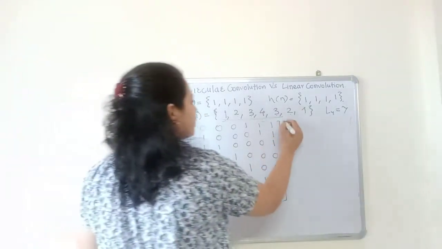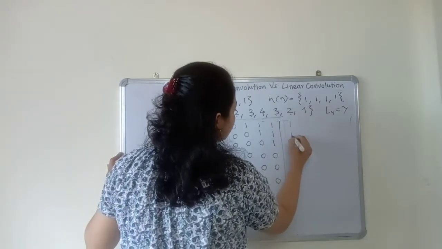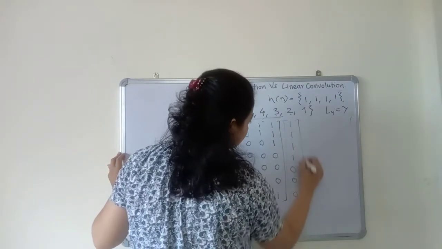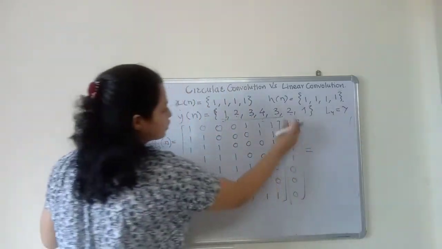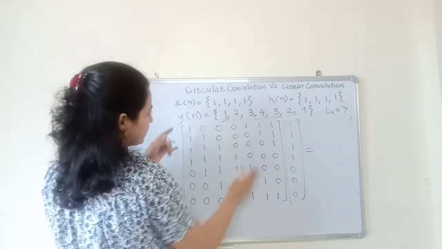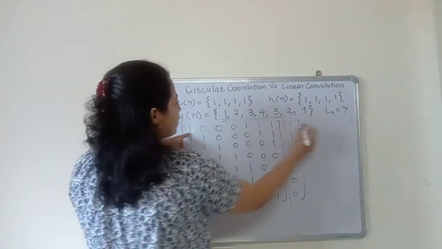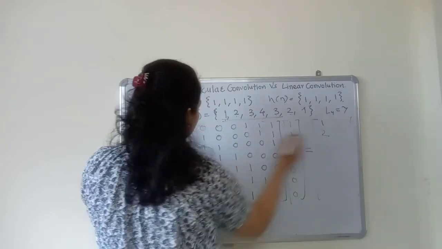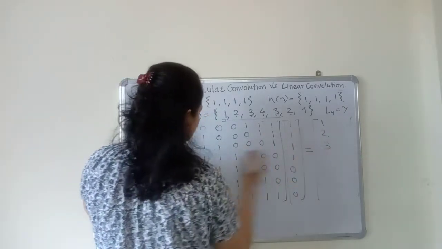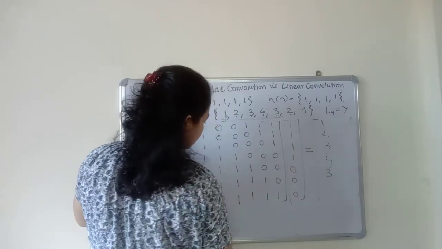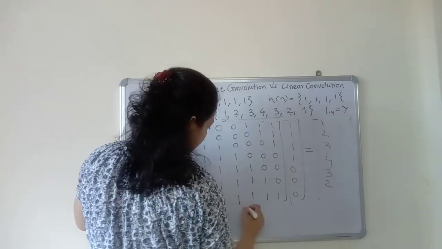Okay. Now 1 1 1 1 0 0 0. First 4 are 1, rest are 0. So consider this. Okay. So this is 1, this is 2, this is 3, again this is 4, now 3, now 2, and this last one is 1.